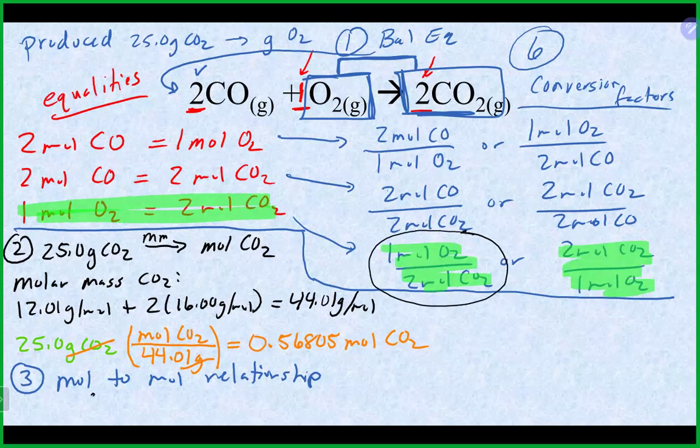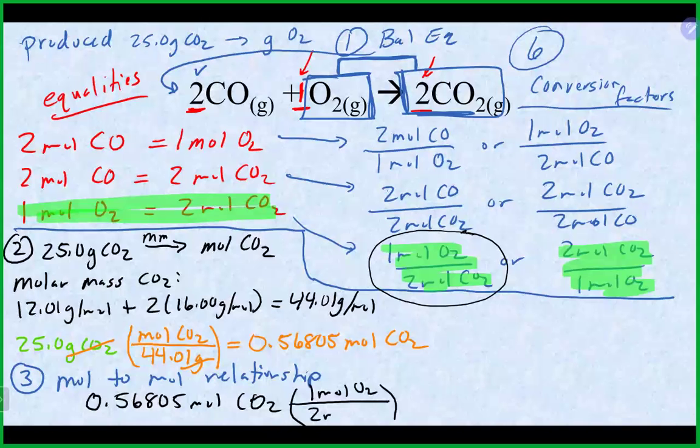I would take my 0.56805 moles of CO2 and use my conversion factor, which comes from the equation: 1 mole of O2 on top, 2 moles of CO2 on the bottom. This is the big stoichiometry move right there. I'm going to divide by 2, basically.